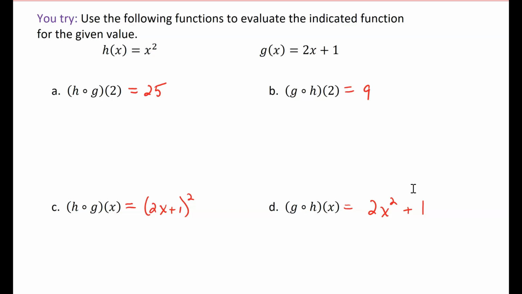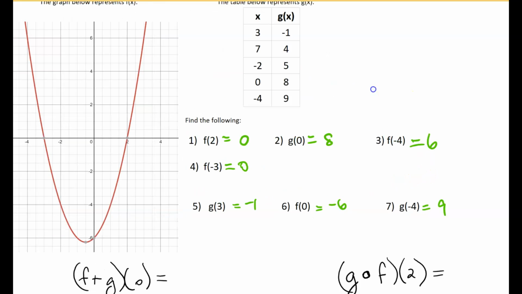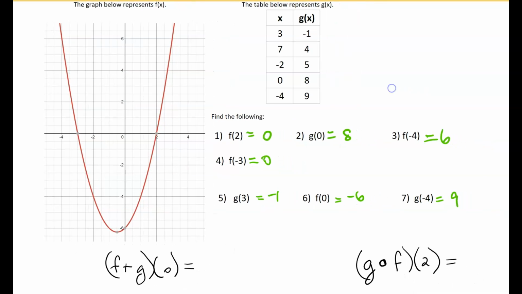Okay. So any questions overall on these? Okay. I want to circle back to the warm-up that we did because sometimes you're not given equations, but you're given tables instead, like in this case here, where we're just given the graph and a table. So like the first one, I wrote that in, f plus g of 0.